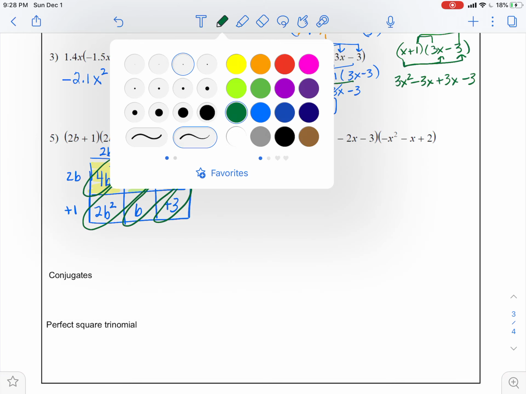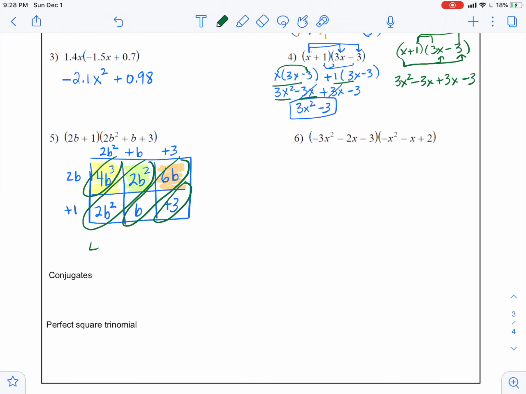Okay, which makes it then very easy to add. So I've got 4b cubed plus 4b squared plus 7b plus 3. Very easy to organize, okay?